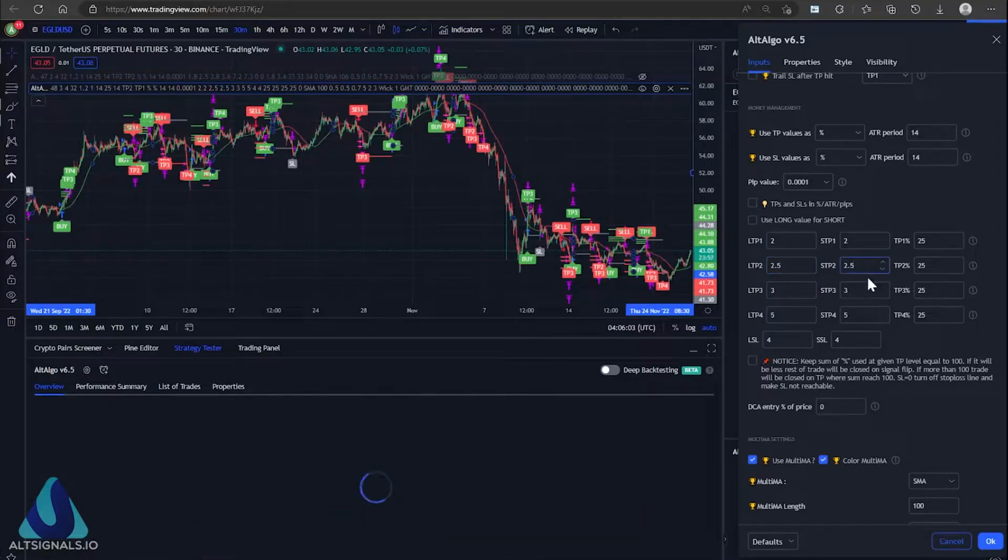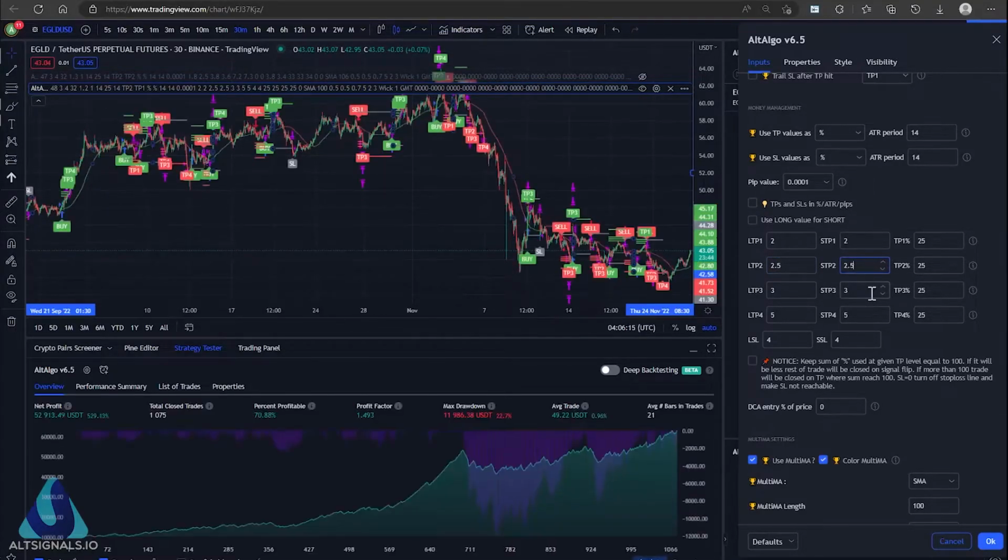2.5. Let's take 2.5. Okay, we are increasing as well. We're already above 500%. So whenever you increase take profits, you also have to keep an eye on the percent profitable and the profit factor, because if you increase your take profits too much, these will go down because we will hit the take profits less often, right, in the overall configuration, because the higher the take profits, the less often you will hit them, which means the accuracy goes down.